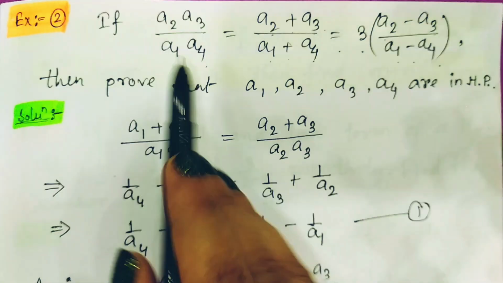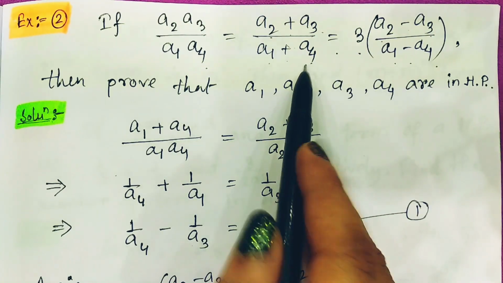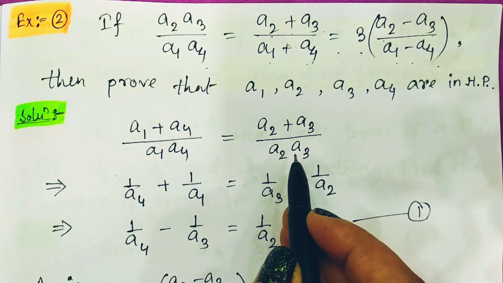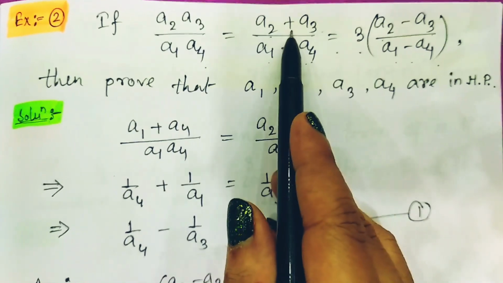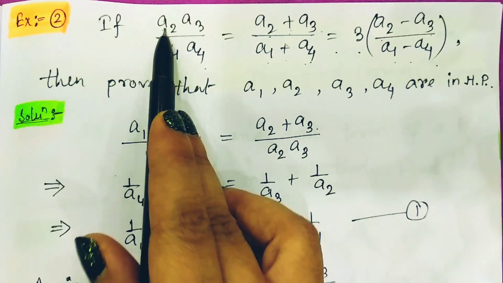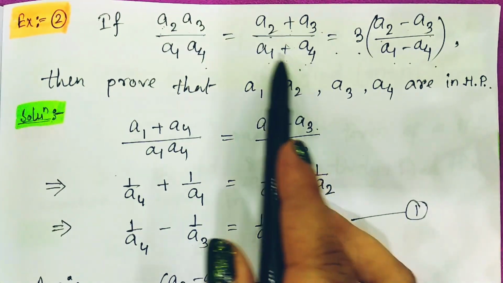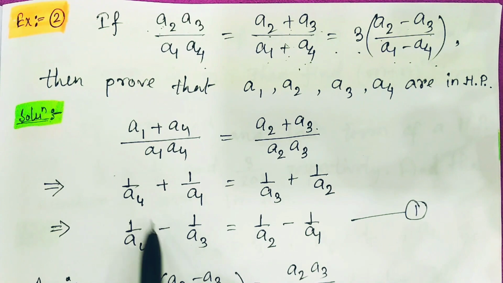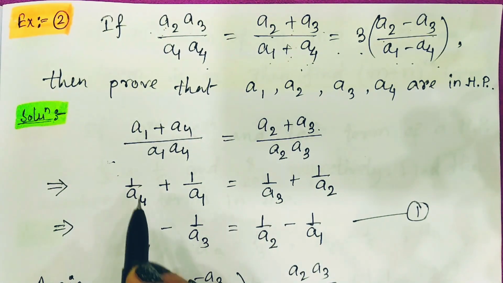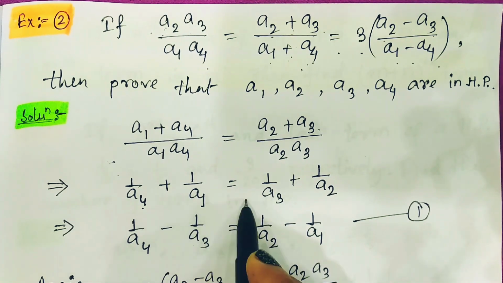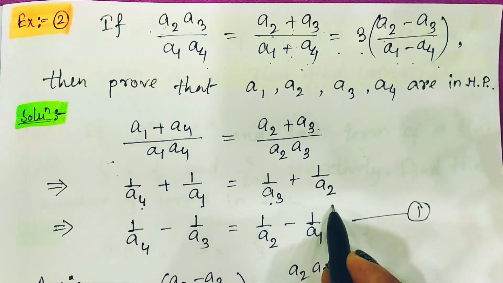For that, at first we start with these first two ratios. These two ratios we can rewrite in this format. We just write here A2 plus A3. With that, we take A2, A3 and A1, A4 on this side, so that we find out this ratio. Now if we separate them, then we find 1 upon A4 plus 1 upon A1 is equal to 1 upon A3 plus 1 upon A2.